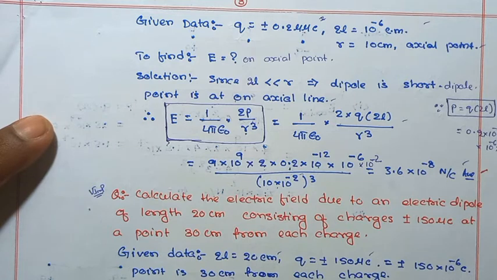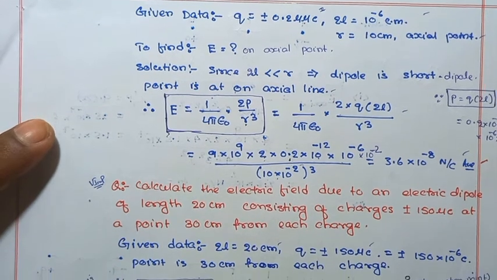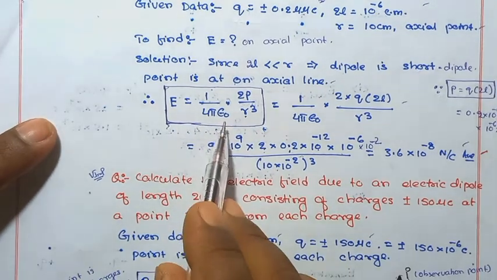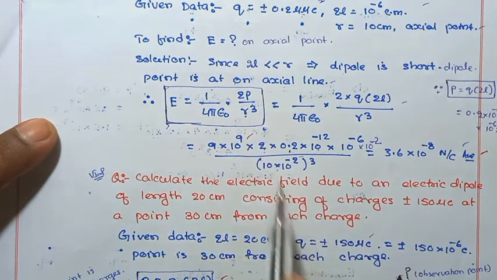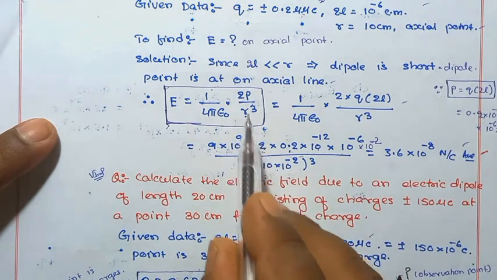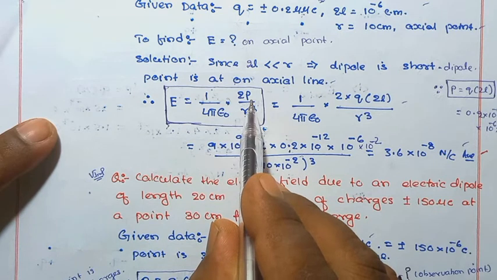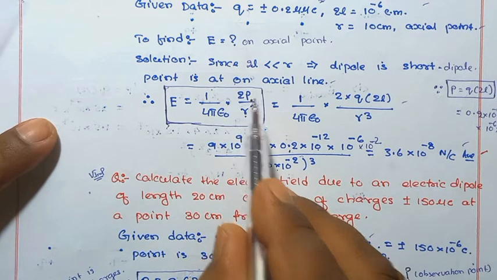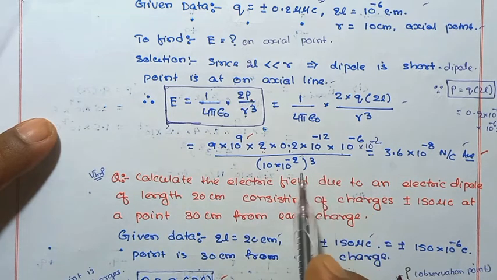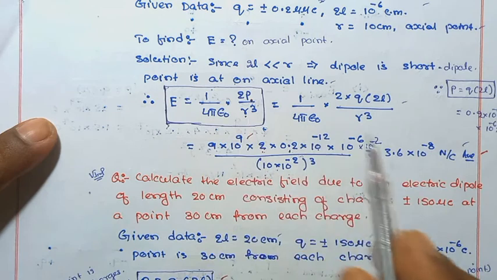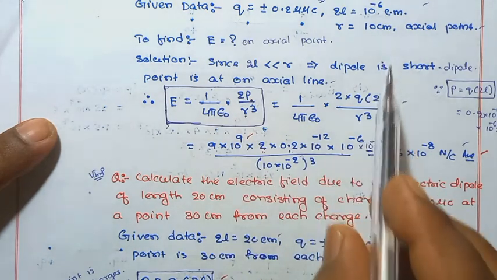So in this formula we will put the values. Then we know that 1 by 4 pi epsilon 0 value is 9 into 10 power 9. This is 2, and P value is 0.2 into 10 power minus 6 into 10 power minus 6 into 10 power minus 2, divided by r, which is 10 centimeter.